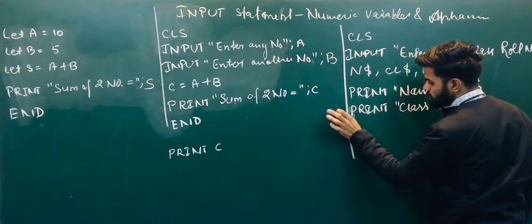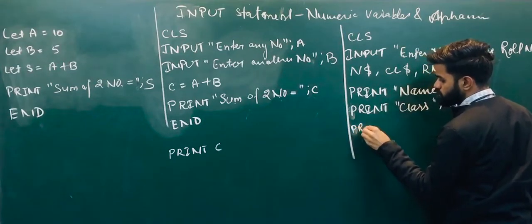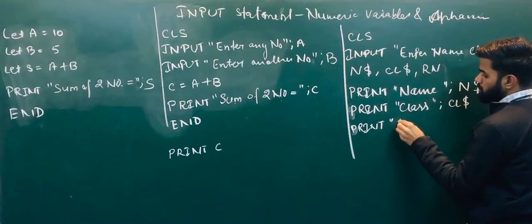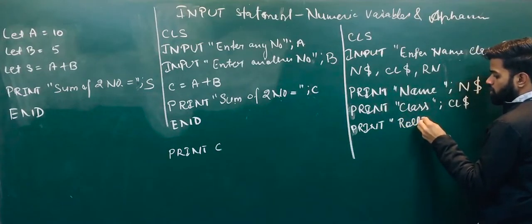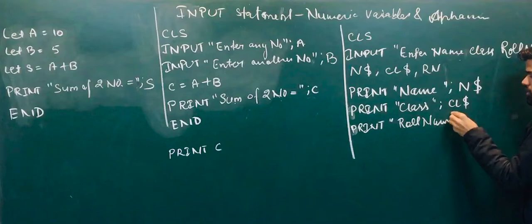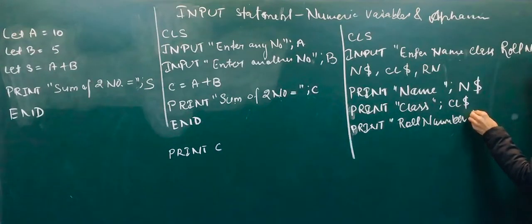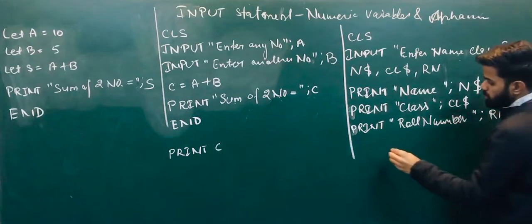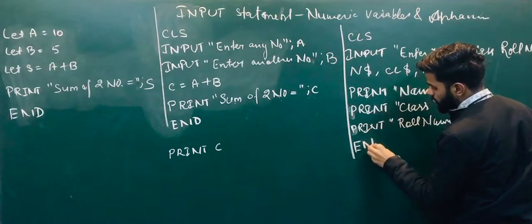After this, print "roll number", and then it is stored in variable RN. Okay, and now after this we can end our program.